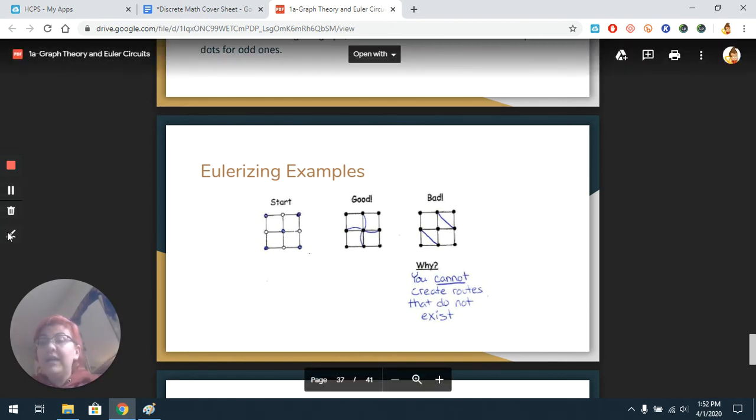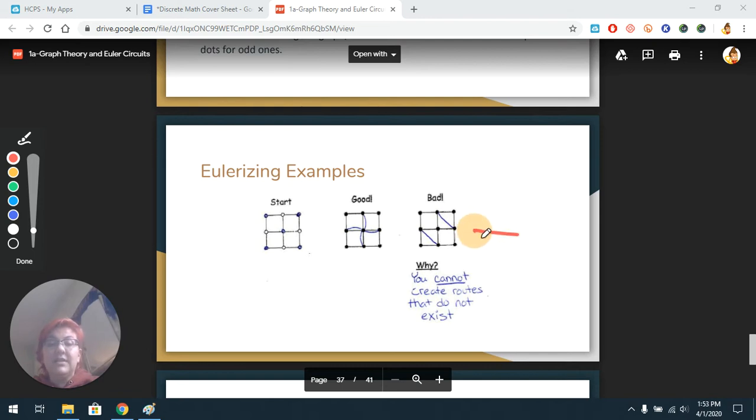Now, I could have instead duplicated maybe here and here, because what's important is that the vertex you're duplicating to must remain even at the end of it all. So here, this one is now 1, 2, 3, 4, 5, 6, 7, 8. This vertex is now degree 8, but it's still even.